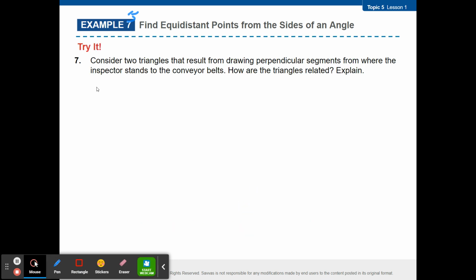Now let's take a look at number 5. So what we're going to do is I'm just going to kind of draw this out. So it says, consider 2 triangles that result from drawing perpendicular segments from where the inspector stands to the conveyor belt. How are the triangles related?